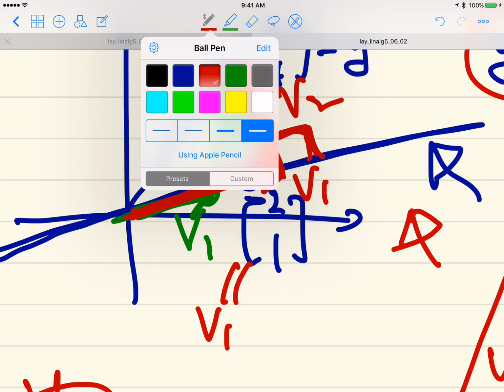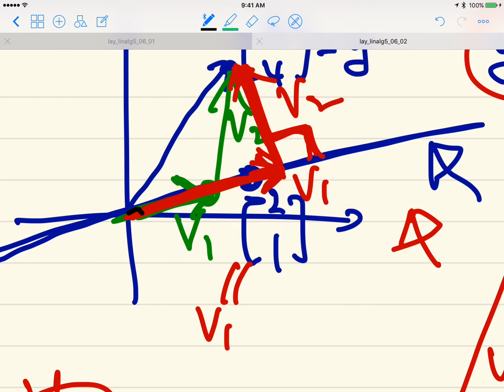Let's see, this vector we call the orthogonal projection of the original vector. So this original vector is projected.